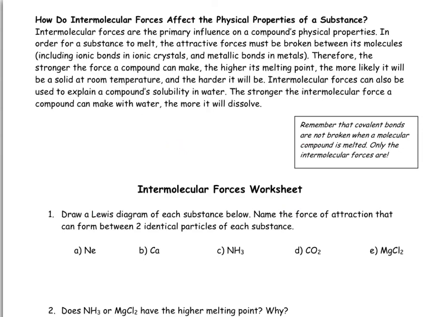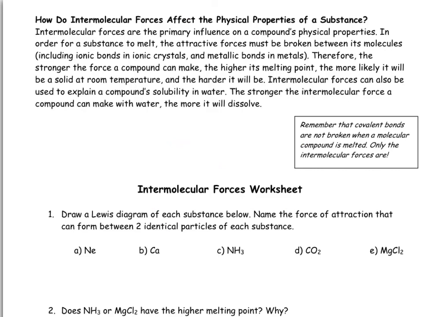So how do intermolecular forces affect the physical properties of a substance? Well, the stronger two molecules are attached to each other, the harder the substance is going to be, the higher the melting point, and the more likely it will be a solid at room temperature.